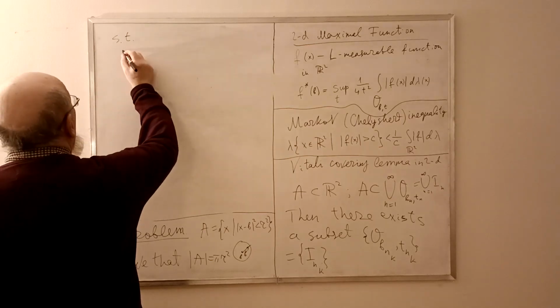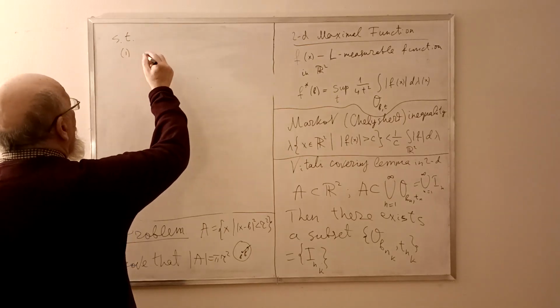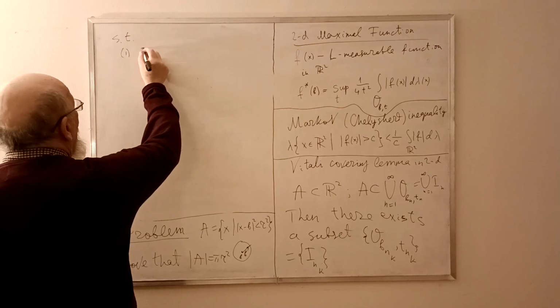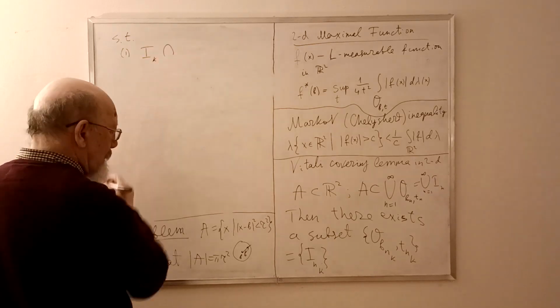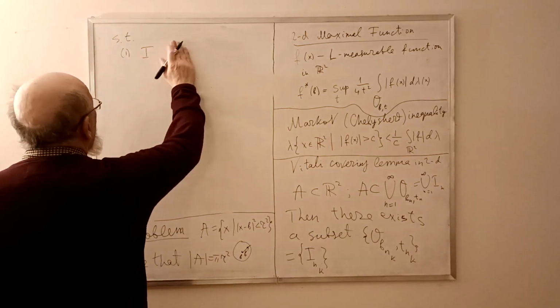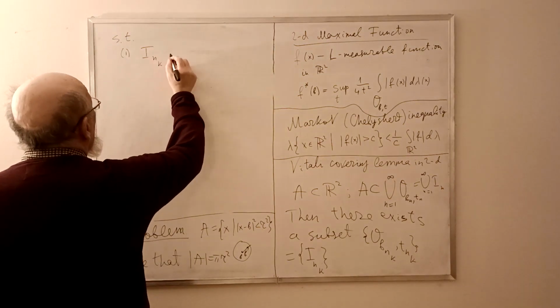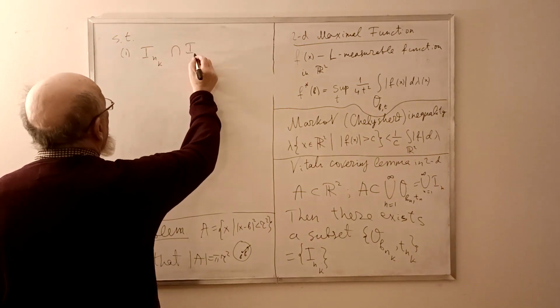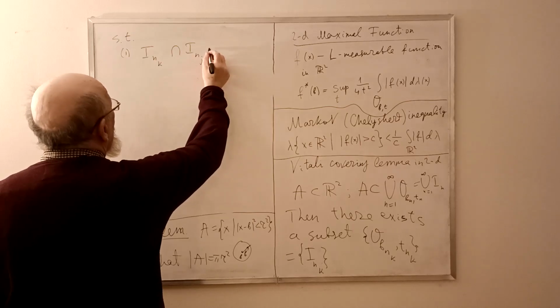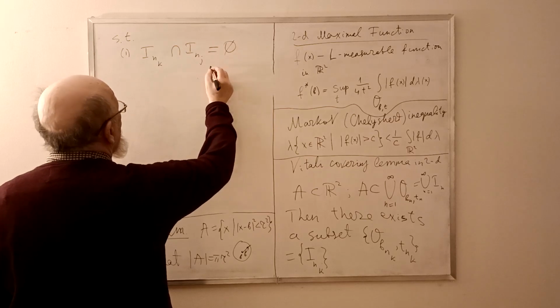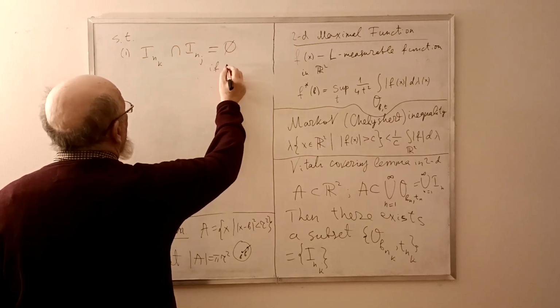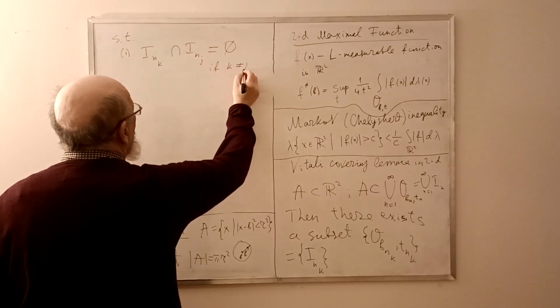First, I_k intersection I_j is empty, so they don't intersect if k is different from j.